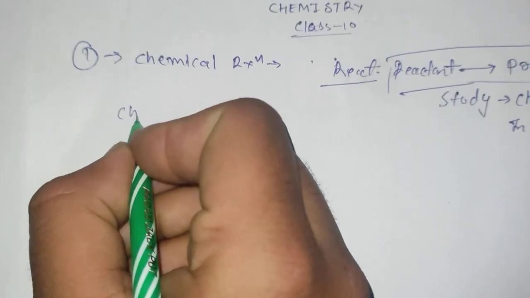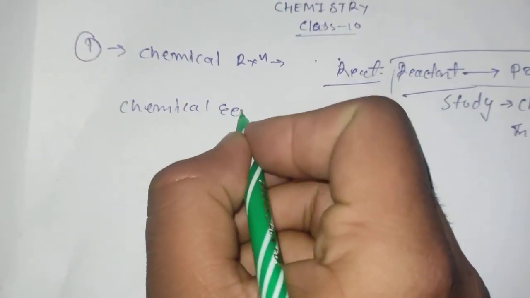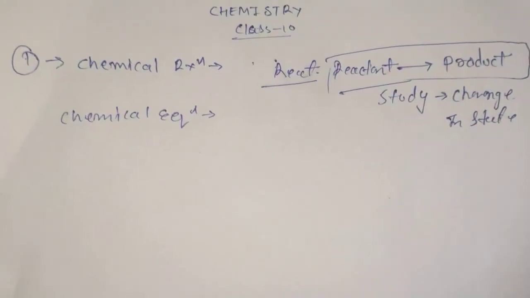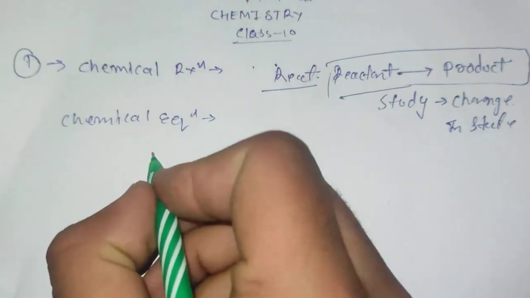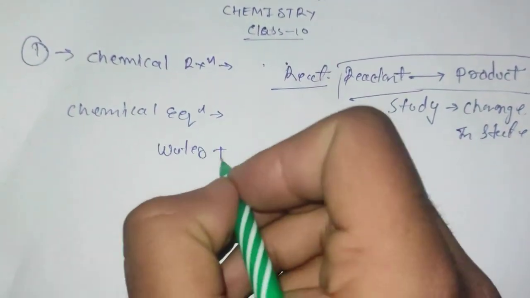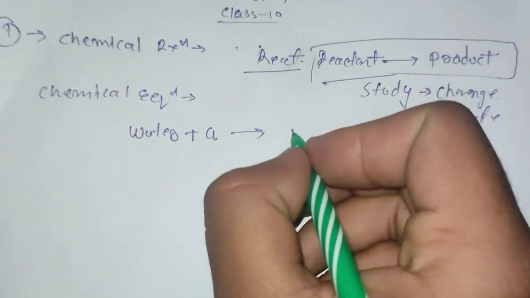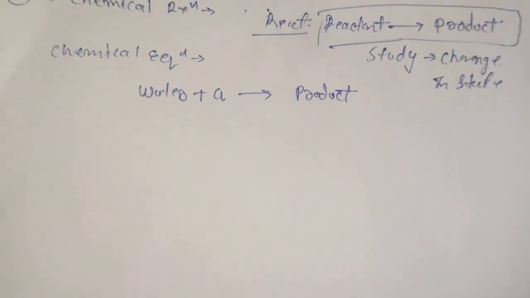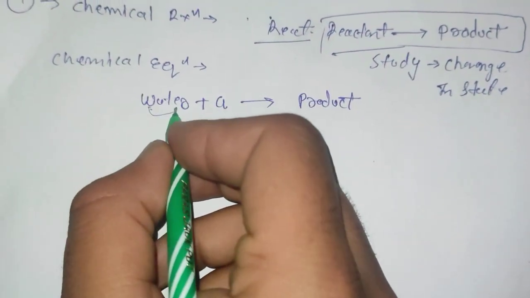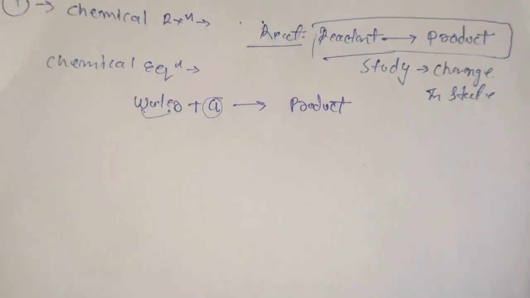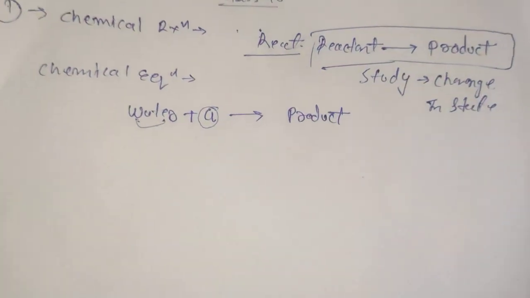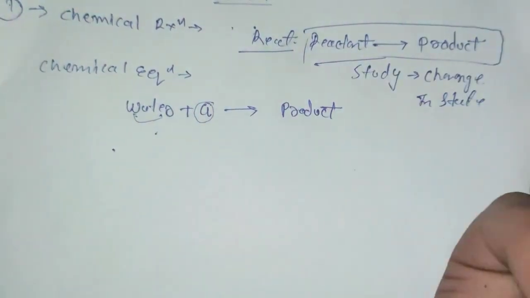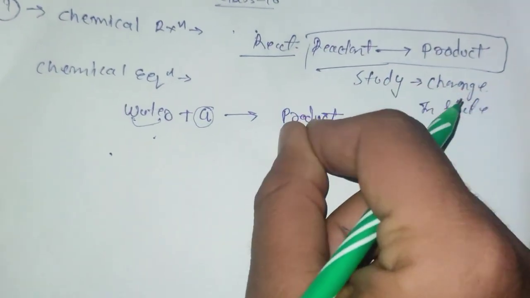Now the chemical equation. For example, water reacts with a compound A, and we get a product. Written in words this is a messy way: water reacts with an element, and after some temperature we get the product.